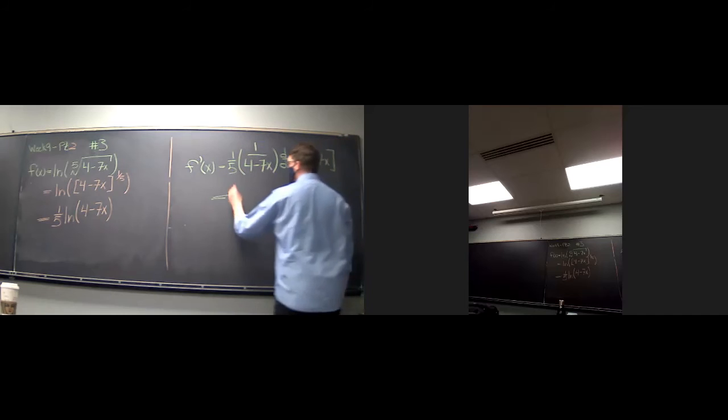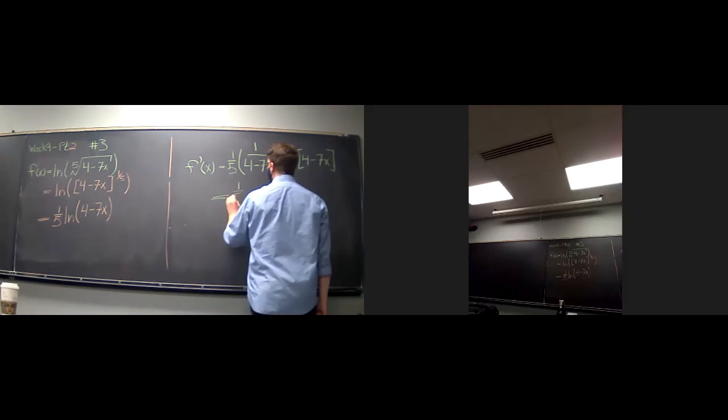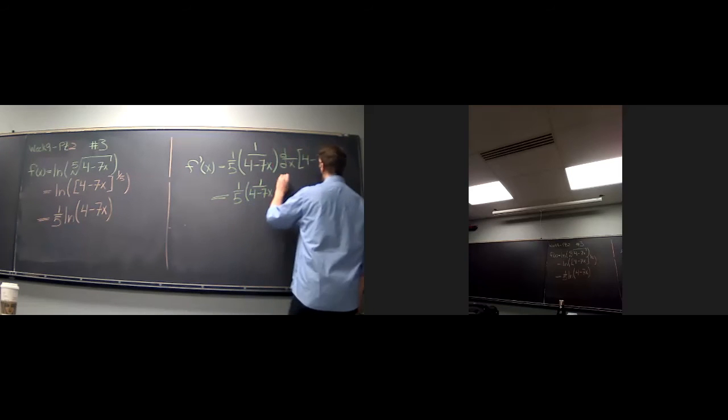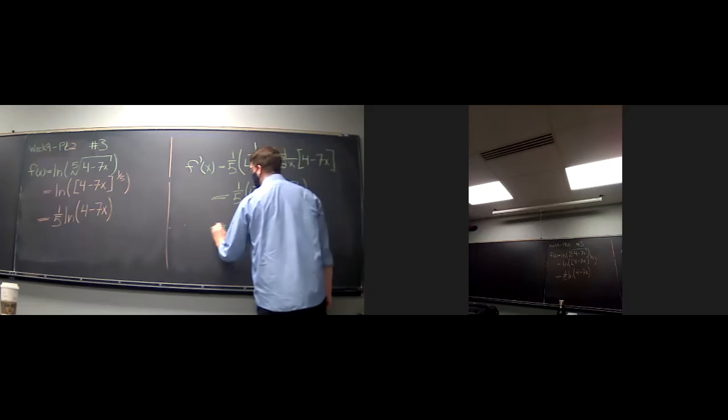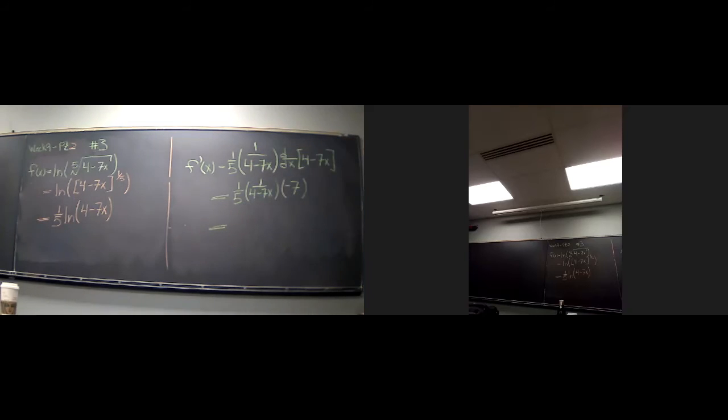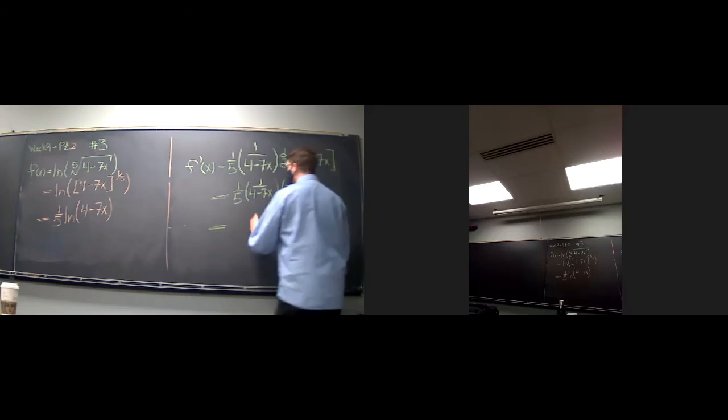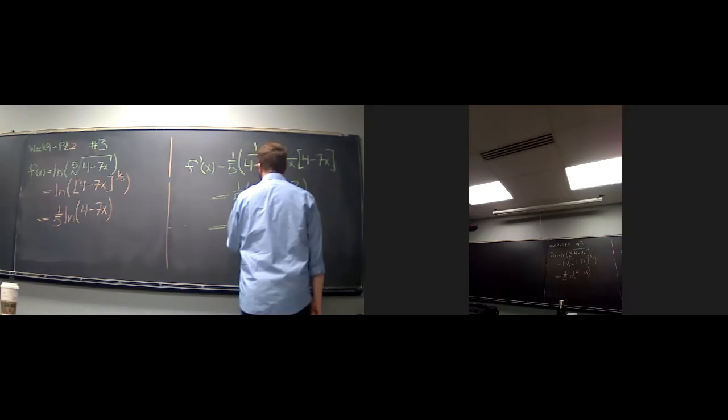So we have 1/5 times 1 over 4 minus 7x times -7. And we can simplify this further by multiplying 5 all the way through our denominator here, and then multiplying our numerator by -7. When we do that, we're going to get -7 in the numerator divided by 20 minus 35x.